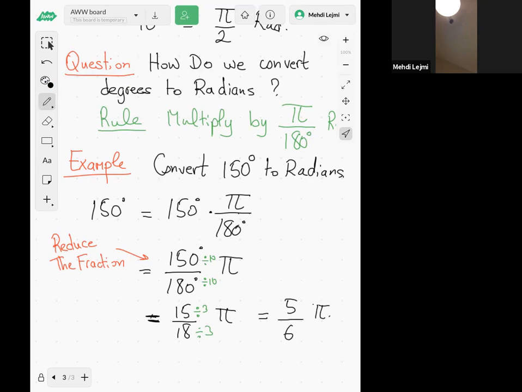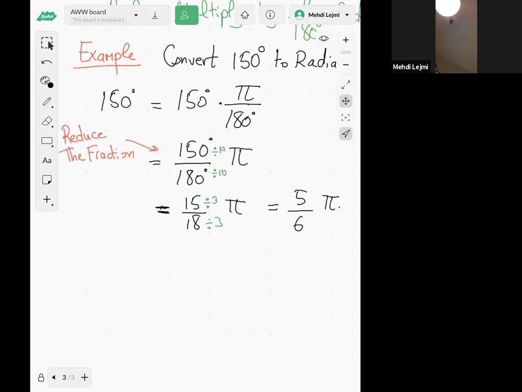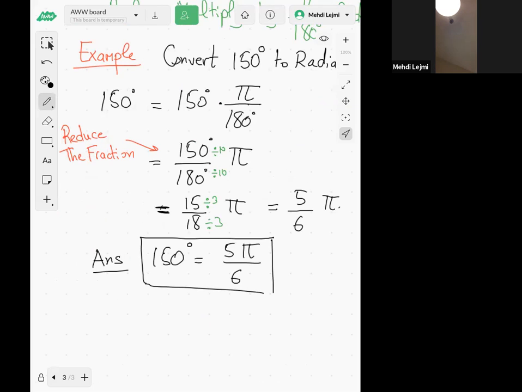So the answer here is that 150 degrees is 5 pi over 6 radians. So from degrees to radians, you multiply by pi over 180.